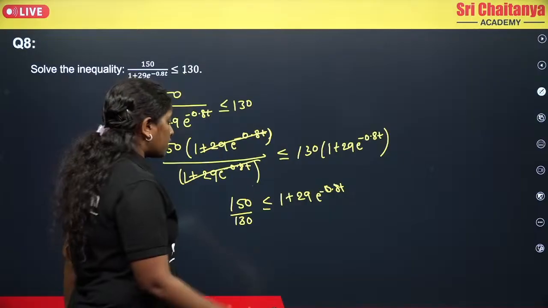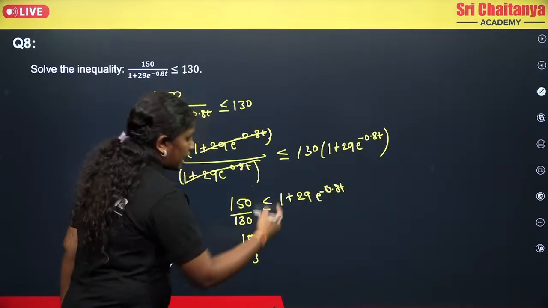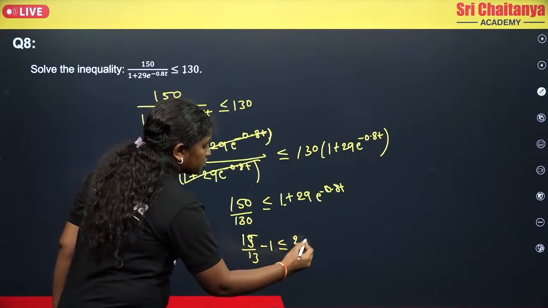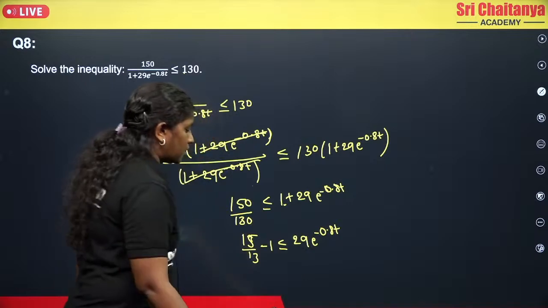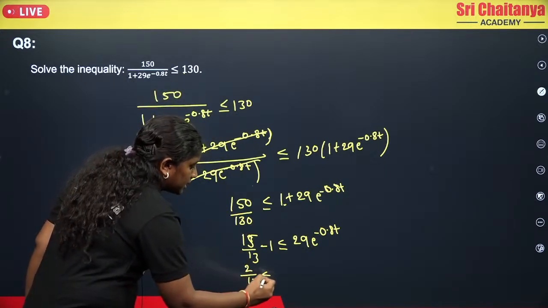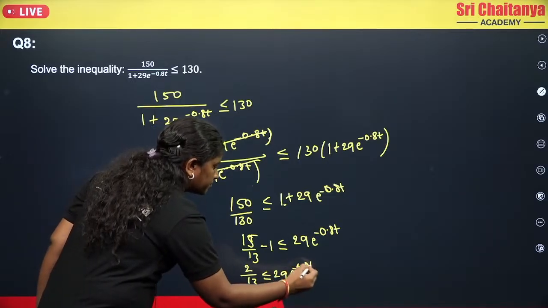So now it will become 15 by 13, and plus 1 coming to here, minus 1 less than or equals to 29 e to the power of minus 0.8t. Okay, so now 15 minus 13, 2 by 13 less than or equals to 29 e to the power minus 0.8t.